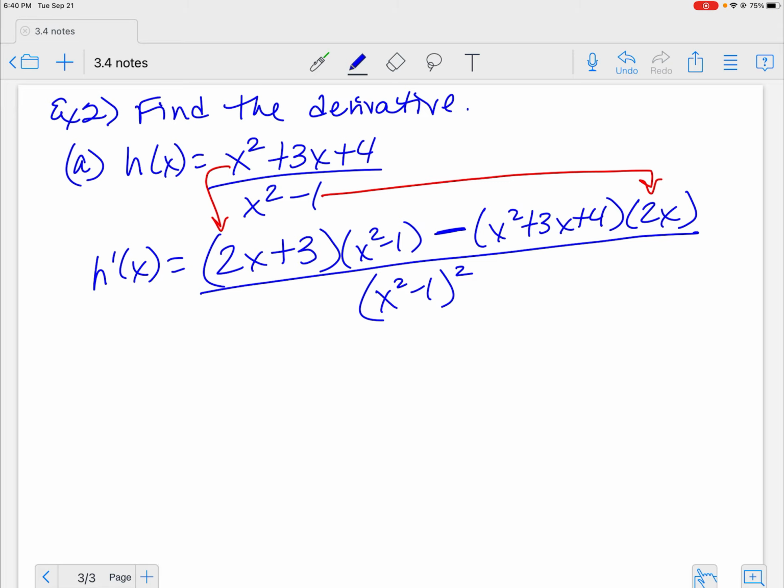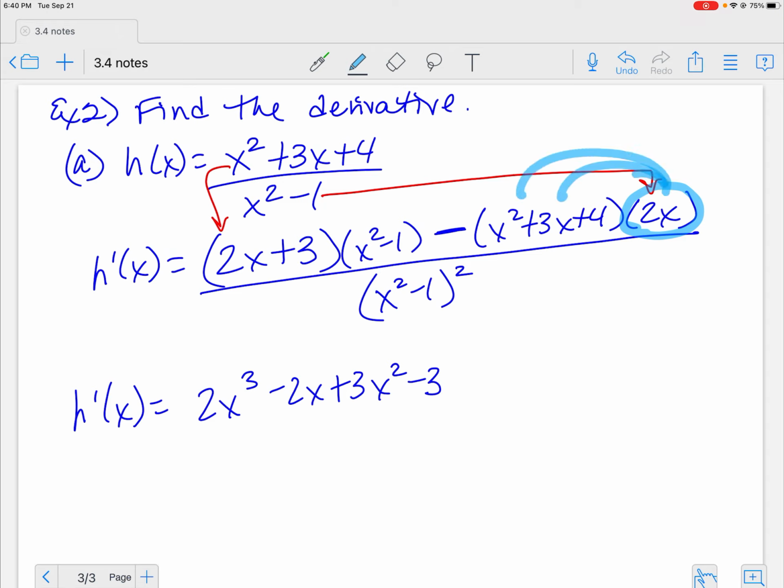Now we algebra this. So h prime of x, I'm going to FOIL that, is going to be 2x cubed minus 2x plus a 3x squared minus 3. Now with this one, this is a monomial, right? Because this is a monomial, I'm going to distribute this monomial. But in lieu of having to do double here, I'm going to make that a plus and bring this over as a negative.